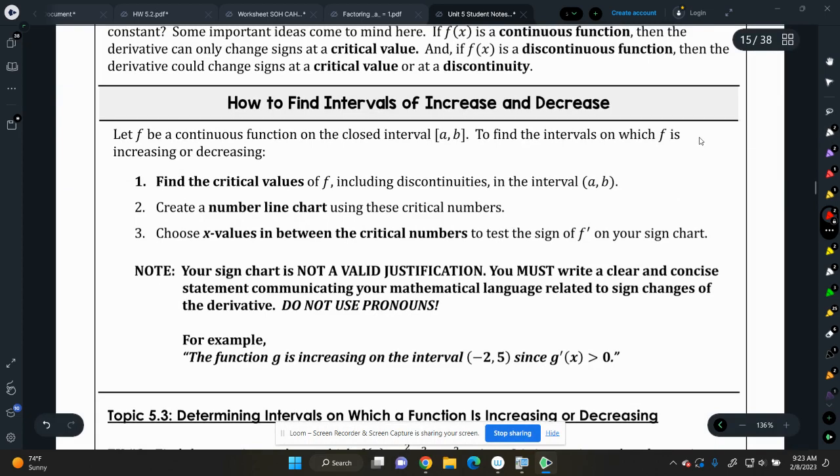When we're trying to find the intervals where f is increasing or decreasing, first off, we're talking about f being continuous on a closed interval. We have to find the critical points. Critical points include what numbers?